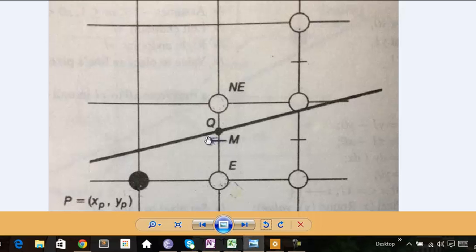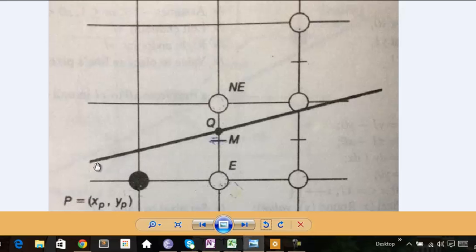That's why this algorithm is called the midpoint line drawing algorithm: you first choose the midpoint between two pixels, and if the line is closer to one of the pixels, then we choose that pixel to approximate the whole line. And if the line is closer to the other point, then we use that point to approximate the line, and we join it through this pixel.